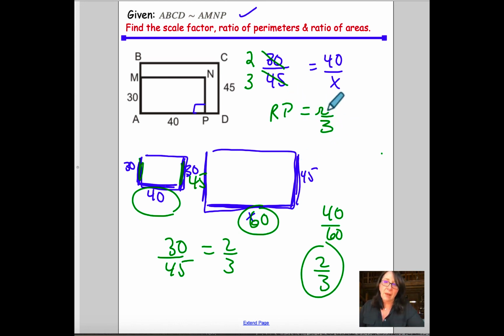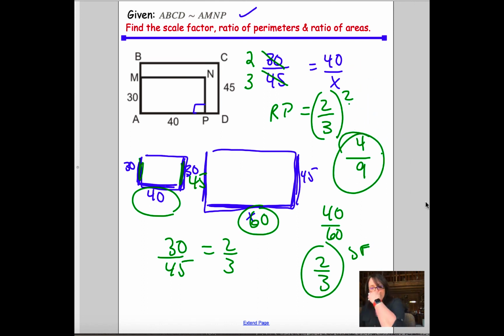The only other thing is my ratio of areas, which is a little different. My ratio of perimeters is 2 to 3, so my ratio of areas is going to be 2 to 3 quantity squared, which will be 4 over 9. That's my ratio of areas, as opposed to the scale factor here and the ratio of perimeters here.